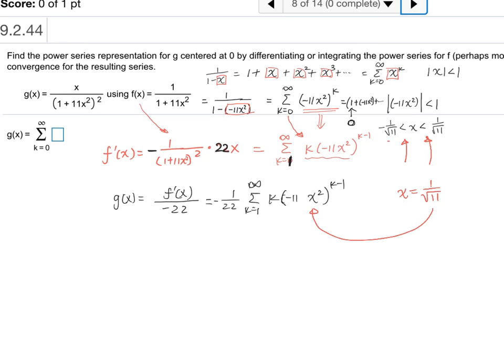And then when x is equal to negative 1 over square root of 11, plug that back in here to see whether it converges or diverges. For me, because I see the square right here, whether this is plus or minus, they should have the same answer. I'll let you check that. But that's the hint on how to get to the power series of G.